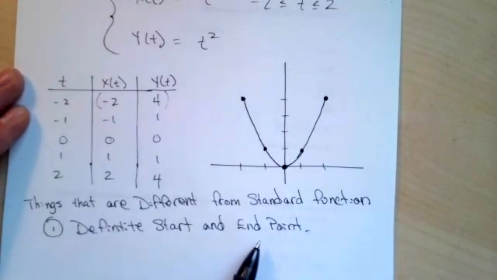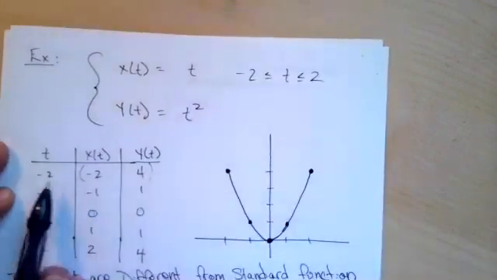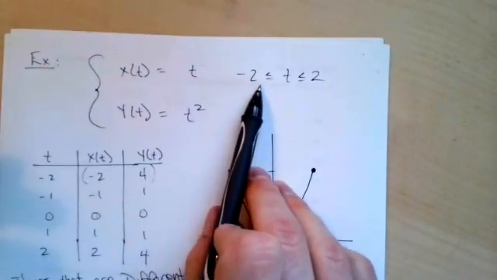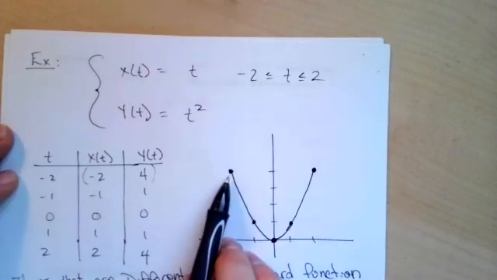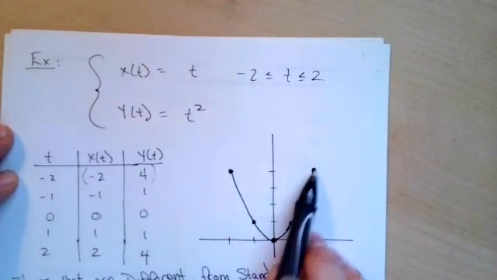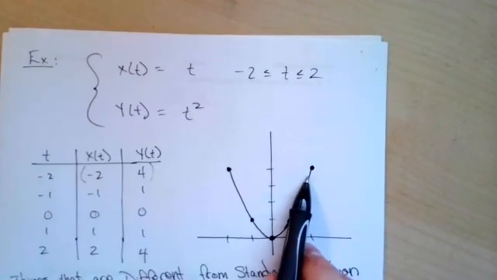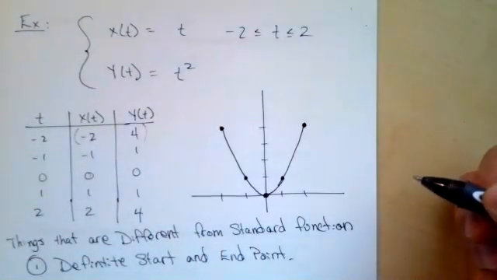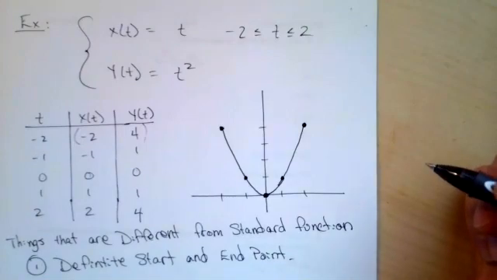This isn't always the case for parametric curves, but we notice that because we restricted our domain, our time interval from -2 to 2, the only curve that we have is this specific part of the parabola. We don't want to draw it off to infinity like we would with function notation.